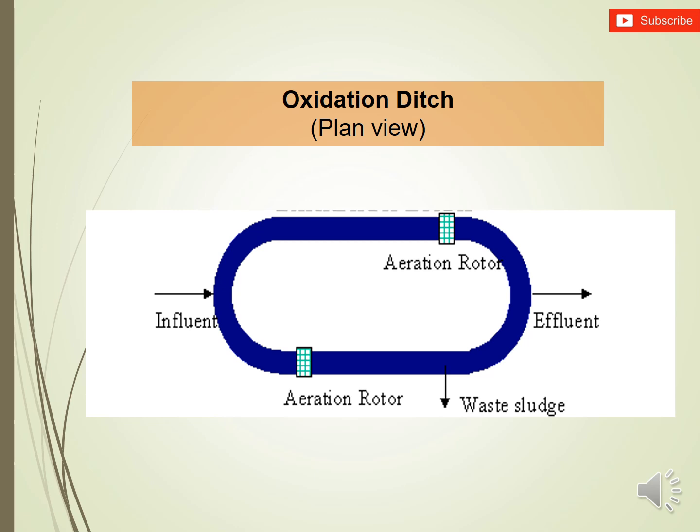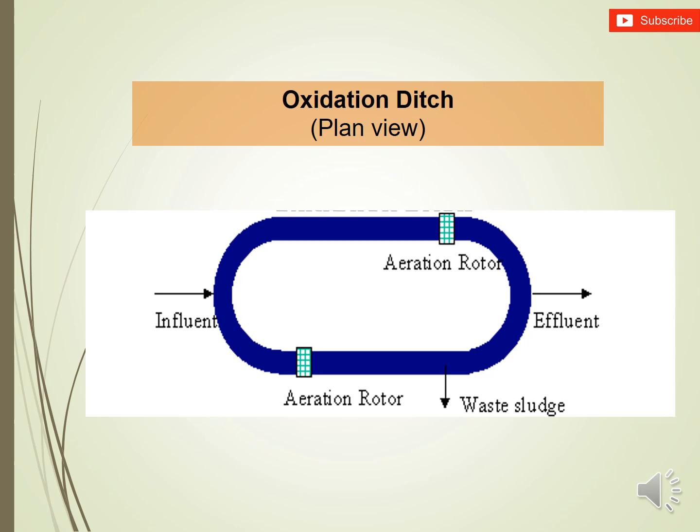So this system can be operated either as a fill and draw system, which is a batch system, or can also be applied as a continuous system. It depends on the configuration and on the design of the system.